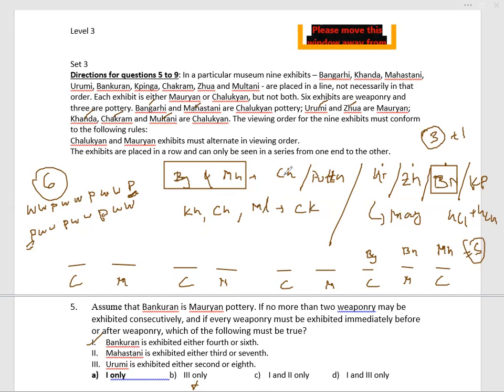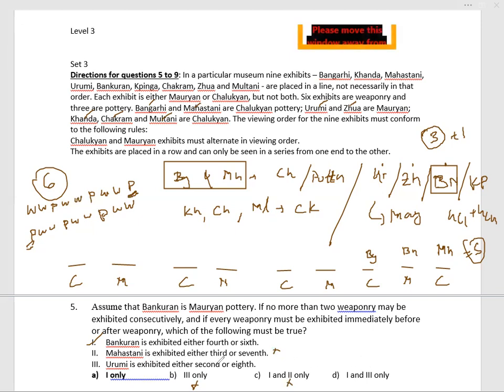Mahasthani Chalukyan pottery. Chalukyan pottery can come first. No, it's not necessarily either third or seventh. It can come in first position, and it can start with pottery. So 2 is not correct. So either it is 1 only or it is 1 and 3 only.